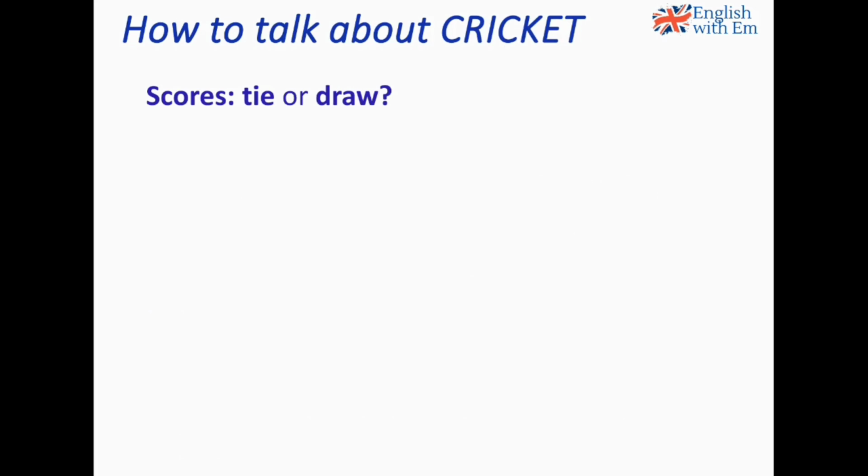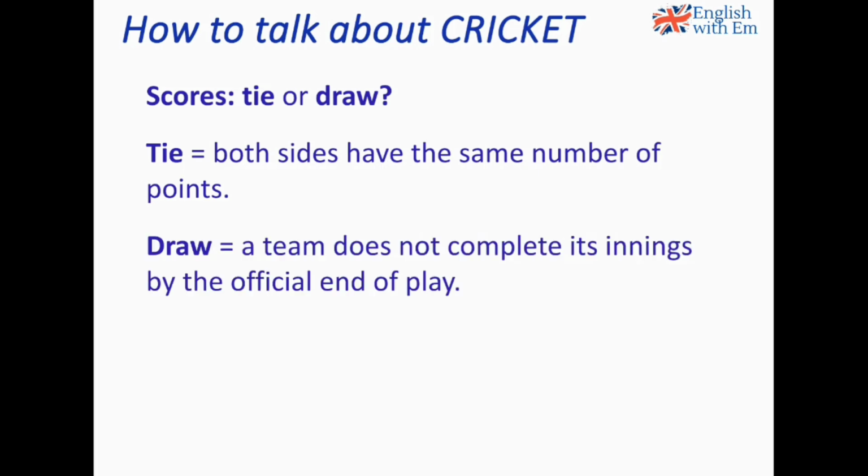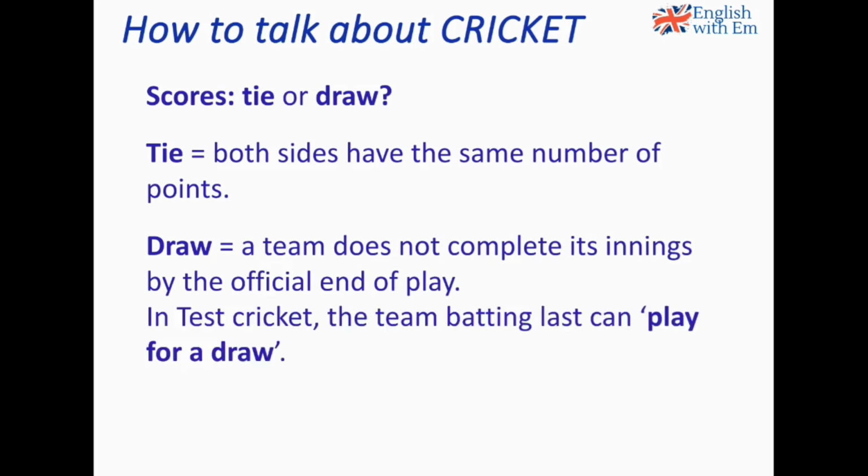Now, tie or draw, this is an interesting point because in most cases, tie and draw are synonyms, but not in cricket. If there's a tie, both sides have the same number of points. But a draw, this means a team does not complete its innings by the official end of play.